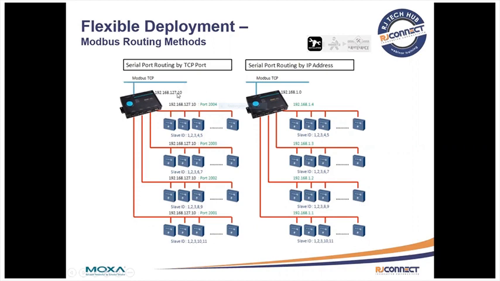So when a request comes in on that IP address on port 2003, the Mgate knows to send the request to that specific serial port on the device. And the same for serial routing by IP address. We can assign different IP addresses in the same range as the Mgate to forward Modbus requests and responses to specific serial ports on the device.